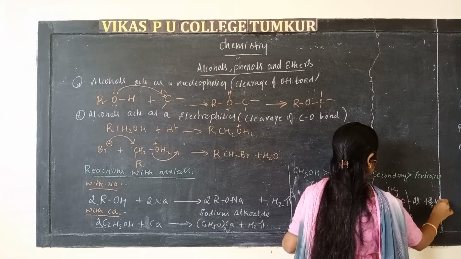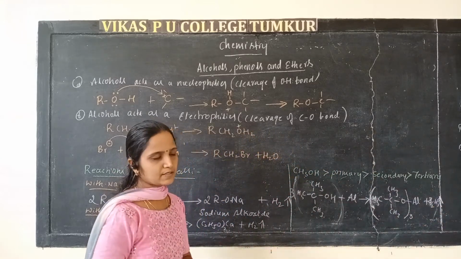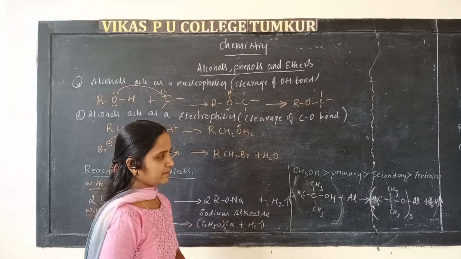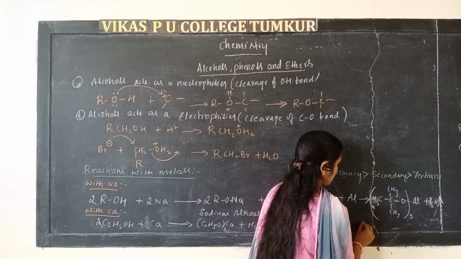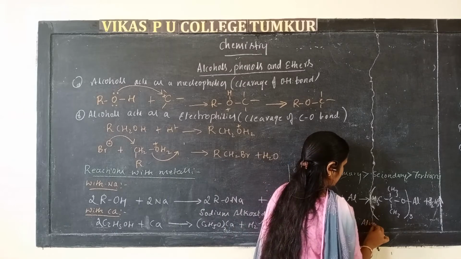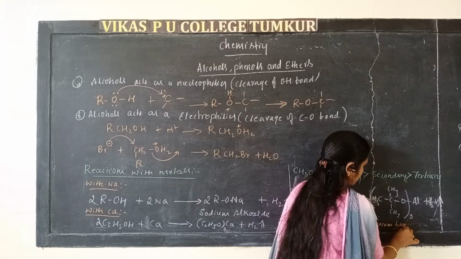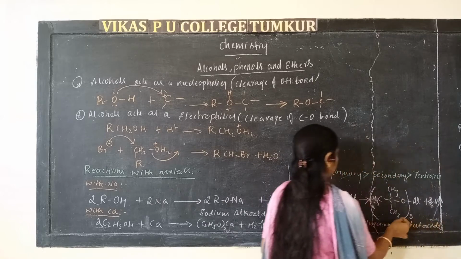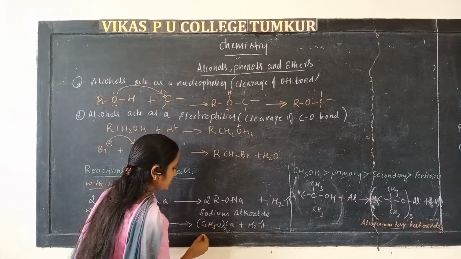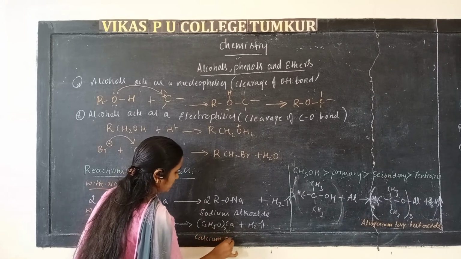The name of this compound is aluminium tertiary butoxide. Like this, the name of the earlier compound is calcium ethoxide.